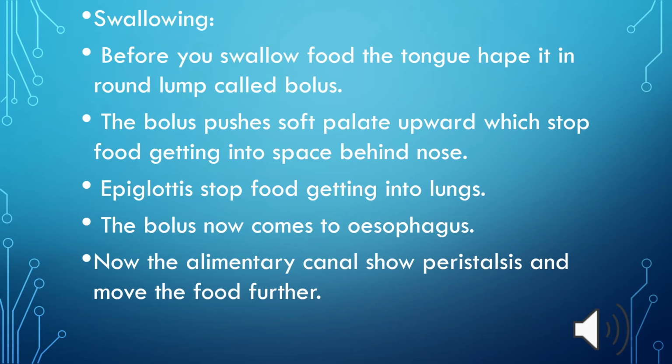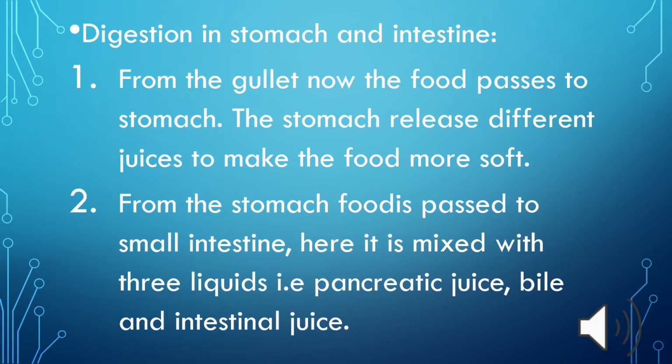Oesophagus is a food pipe of muscular tubes which proceeds to the stomach, while peristalsis is a wavy movement of the alimentary canal by which the food is further moved to the stomach. Dear students, the process of digestion is continuous.